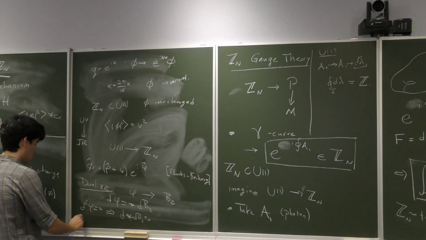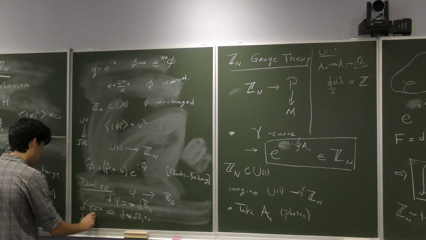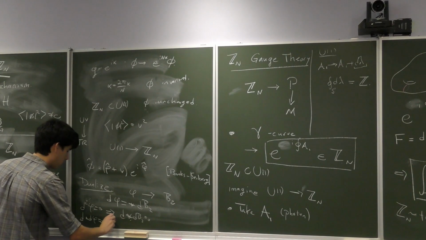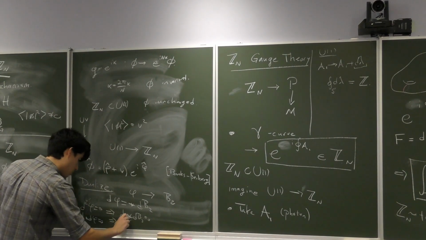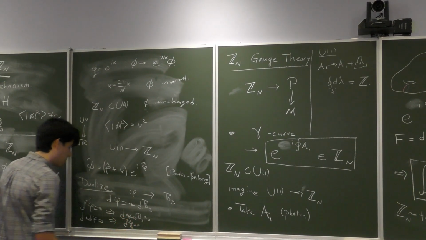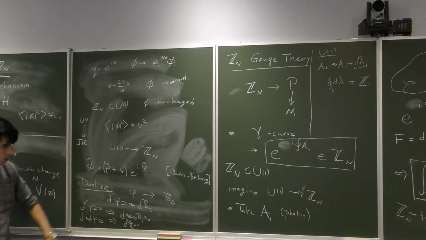All right. And the equation of motion d star d phi equals 0 implies the Bianchi identity, d squared B2 equals 0. So this is one way you can dualize this.